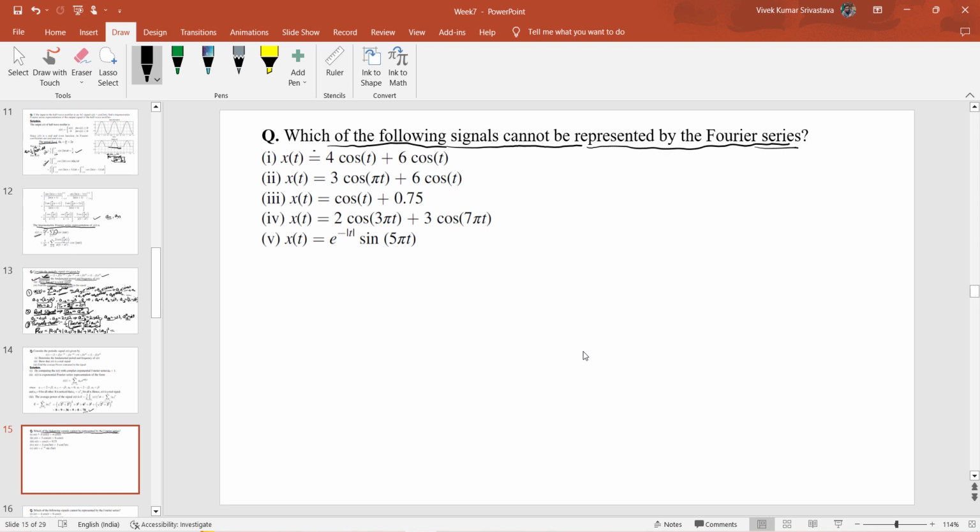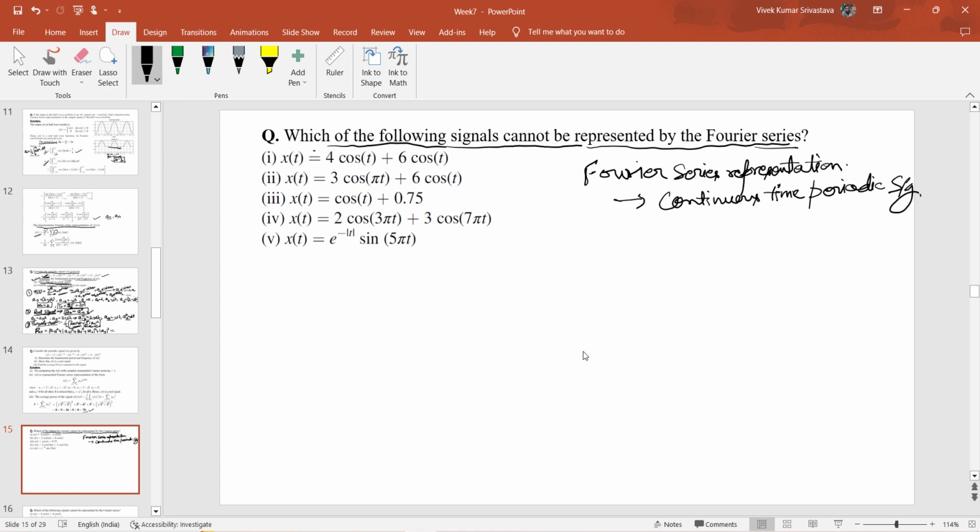As we all know, Fourier series representation is only for continuous time periodic signals.